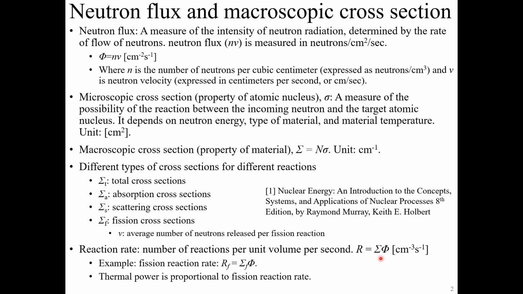And the unit for the reaction rate is the number of reactions per cubic centimeter per second. For example, if the macroscopic cross-section is the fission cross-section, then we can calculate the fission reaction rate, RF. This RF is equal to the macroscopic cross-section for fission times the neutron flux.